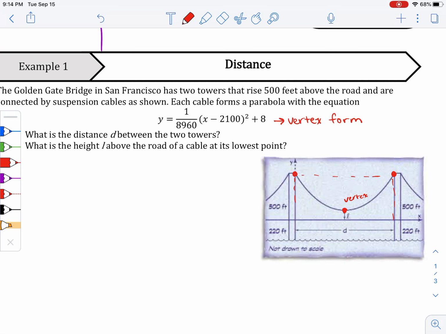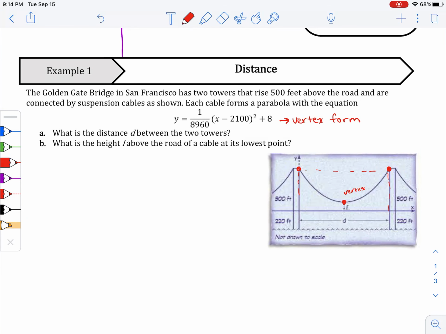So, with that in mind, for the distance between the 2 towers, let's first note that the vertex of the parabola is 2,100 comma 8. That comes right from that vertex form.